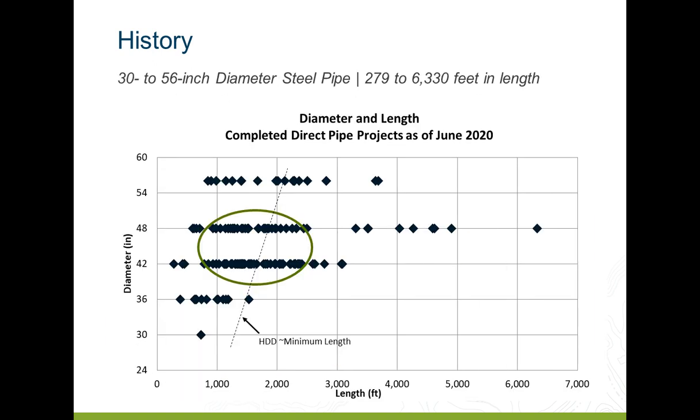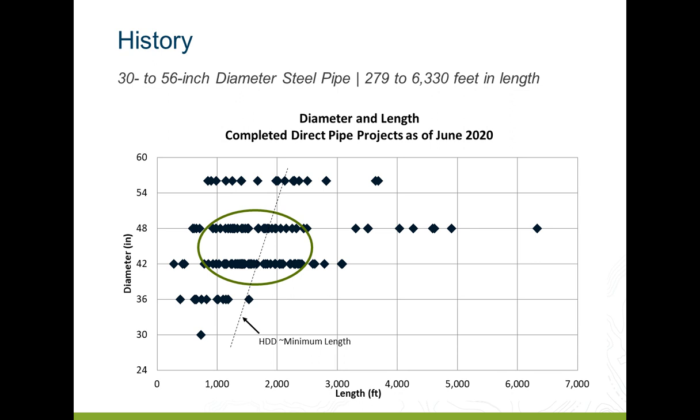If we look at that data a little bit differently, this graph plots all of those 152 crossings with respect to the diameter of the MTBM on the y-axis and the length of the crossing on the x-axis.